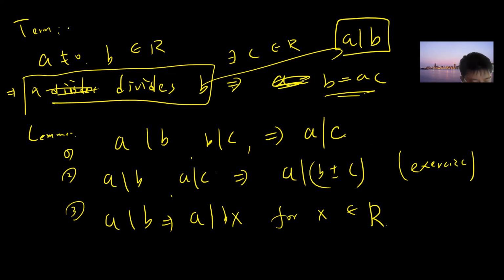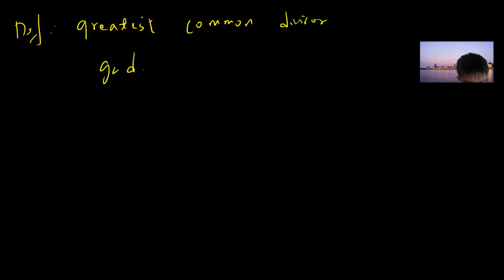Okay, so let's define the greatest common divisor. This is elementary school, but in general ring theory usually people call it GCD. So what is GCD? Let's say GCD(A,B) is called D. What does this D mean? It satisfies these properties.